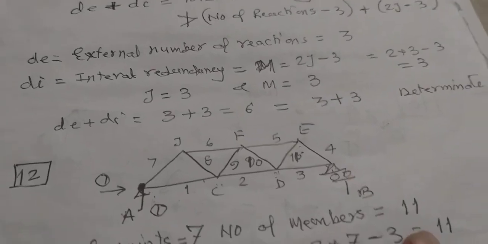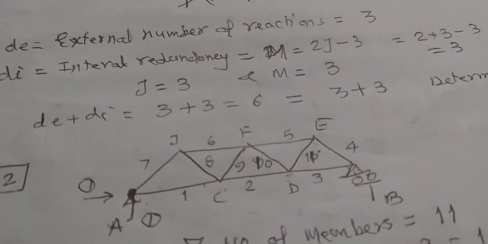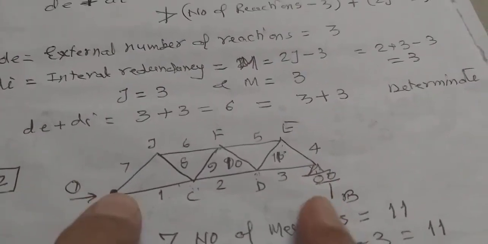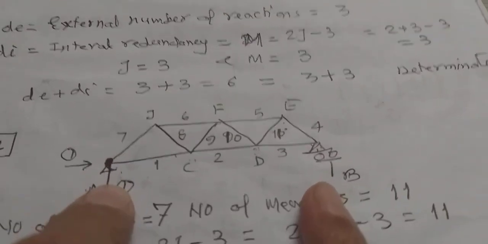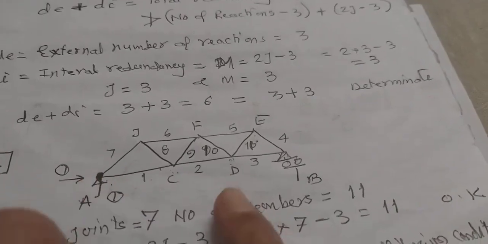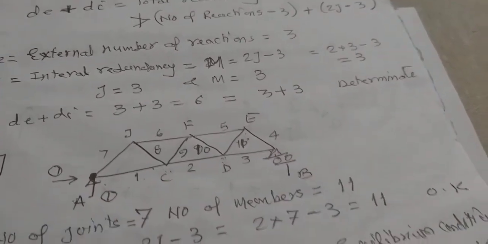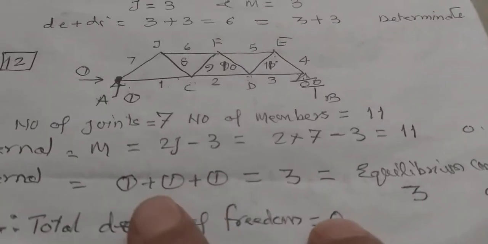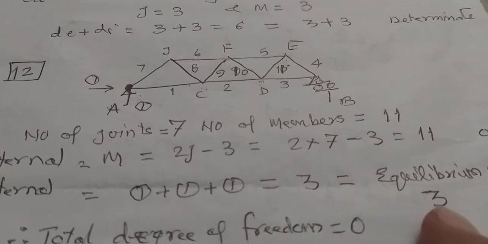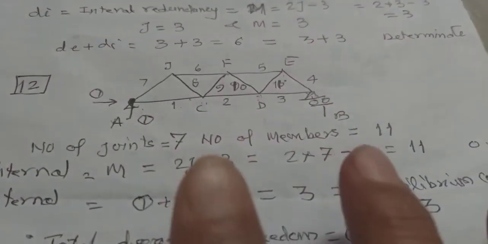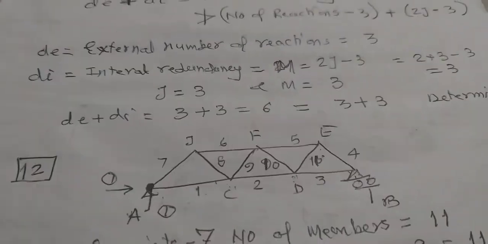First of all, we as usual go with the external redundancy, that is concerned with the number of reactions. When it is hinged, there are 2 reactions, roller support, 1 reaction, total external redundancy comes out to be 3, and equilibrium conditions are also 3.